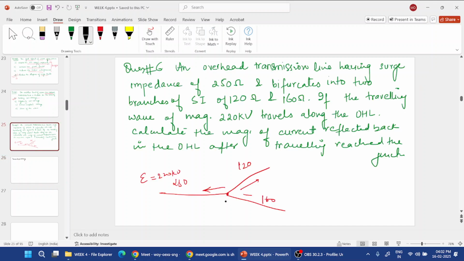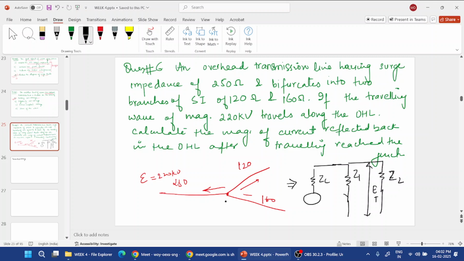Let's say this is its equivalent: ZC goes into Z1, the first surge impedance, then Z2, another surge impedance, and the transmitted voltage across there is ET.